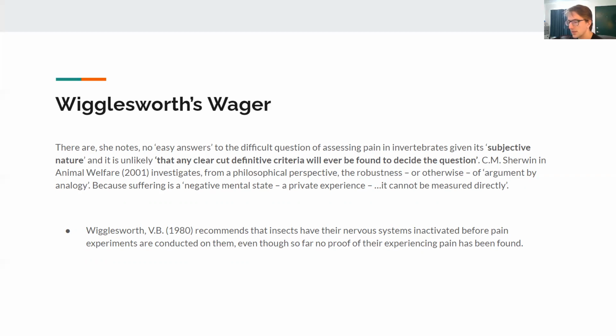We should treat insects with the same deference that we treat mammals or other lower creatures that we categorize as such, in an attempt to reduce suffering in the world and reduce the amount of animals we subject to our experiments.